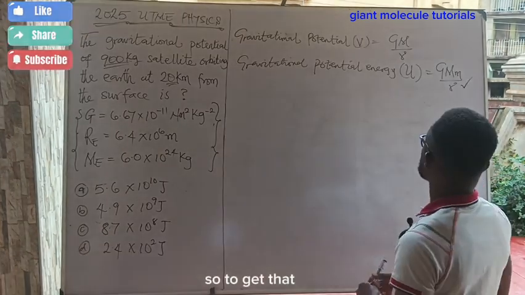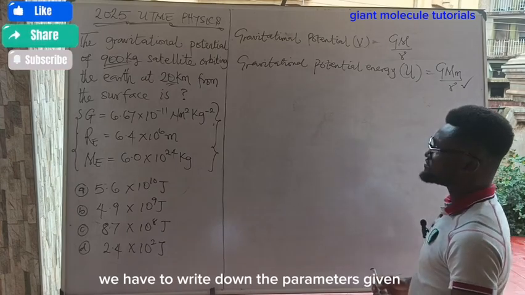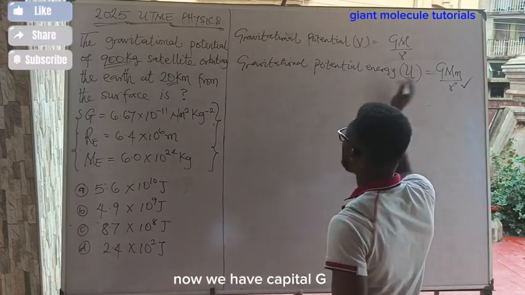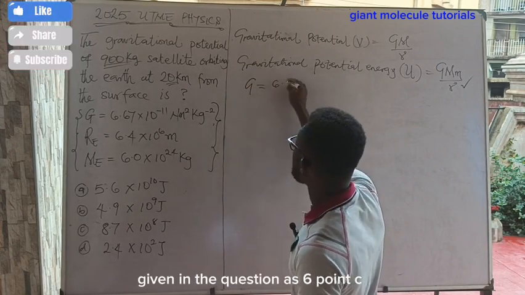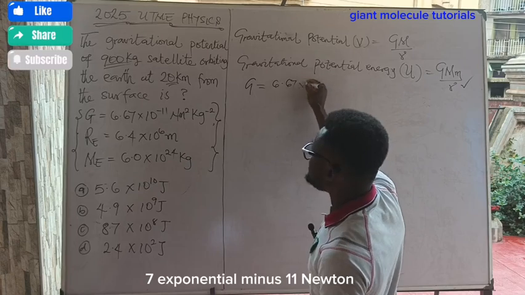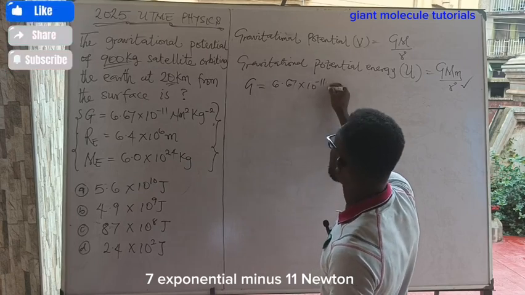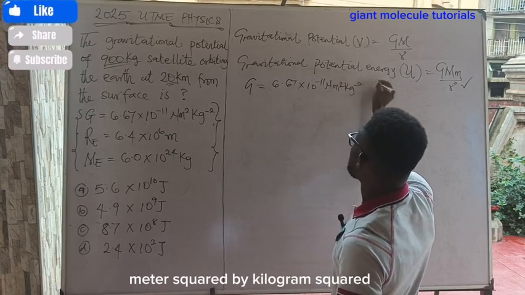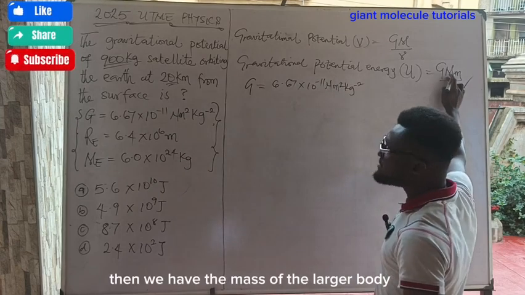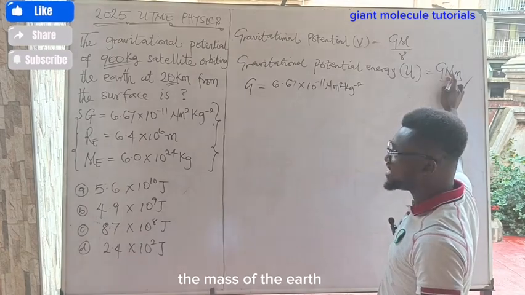So, to get that, we have to write down the parameters given. Now, we have capital G given in the question as 6.67 exponential minus 11 Newton meter squared per kilogram squared. Then we have the mass of the larger body, the mass of the Earth given.